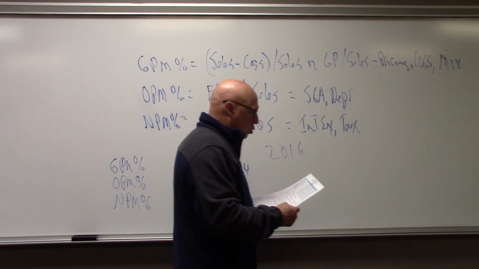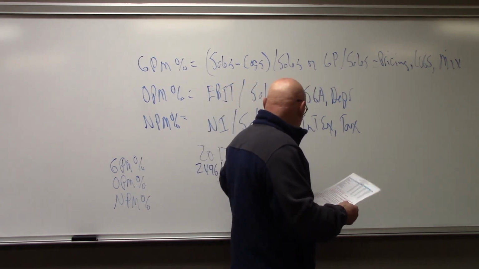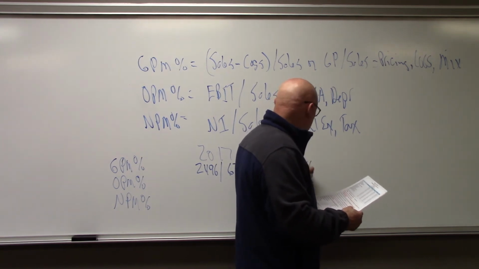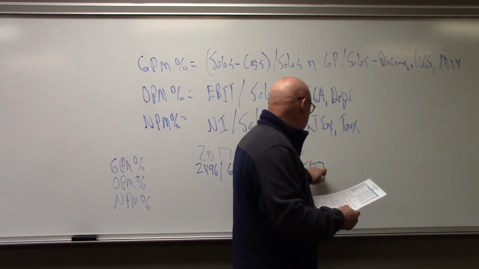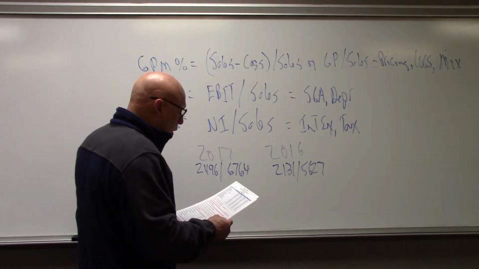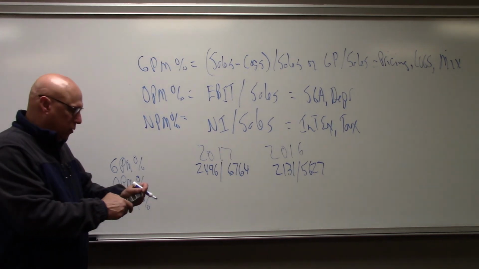Okay. Then in 2016, you've got 21.31 divided by 56.27. I'm rounding just a little bit. Okay? So let's get our calculators out, clear them out.